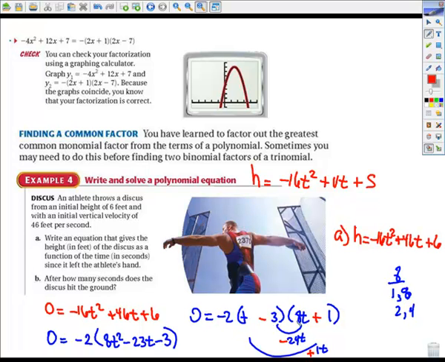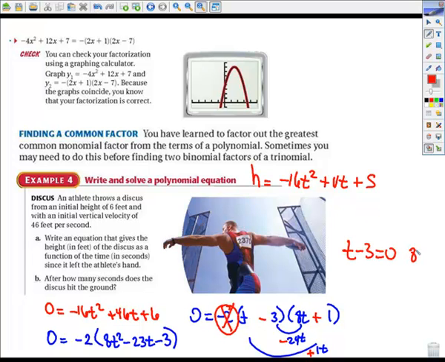Now I set each of these factors equal to 0. So the negative 2, since it does not have a variable, I don't need it anymore in my answer because it's not going to contribute to any of the t values. So I'll go t minus 3 equals 0, and 8t plus 1 equals 0.